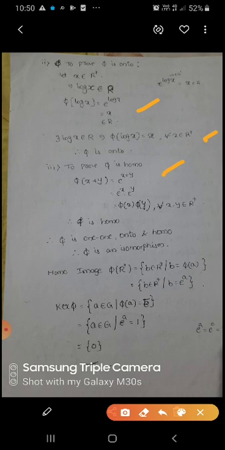Next, homomorphic image. Phi of R plus equals the set of b belongs to R plus such that b equal to phi of a, that equals b belongs to R plus such that b equal to e power a. So kernel phi, by the definition, equals a belongs to G such that phi of a equal to e bar.